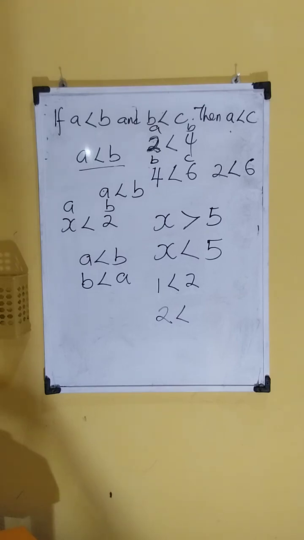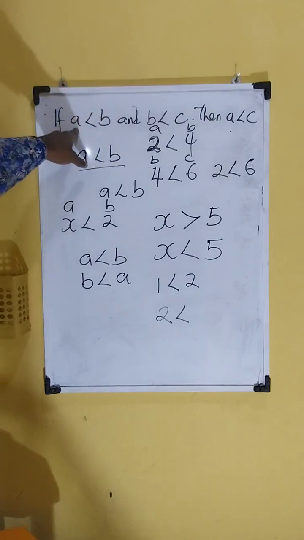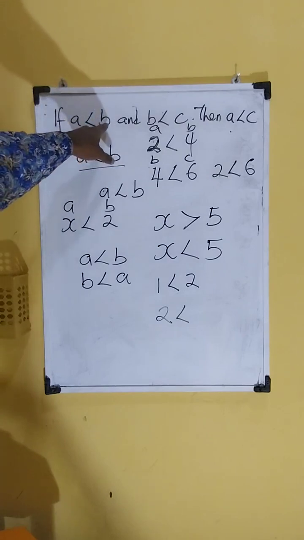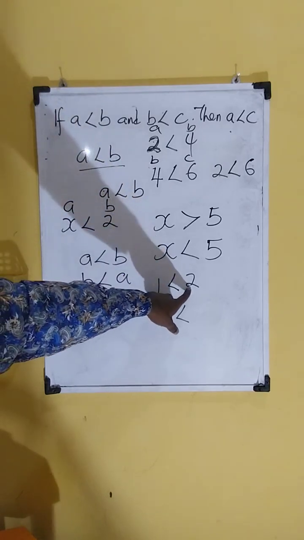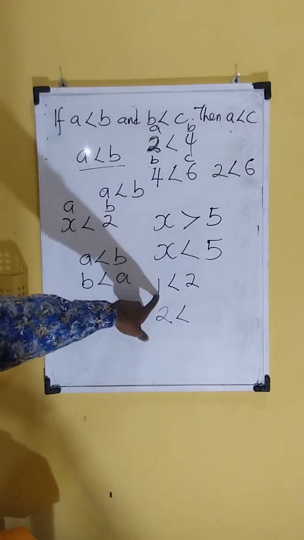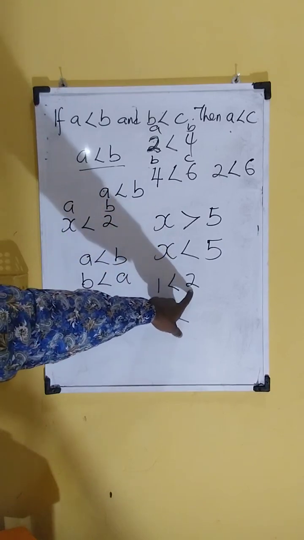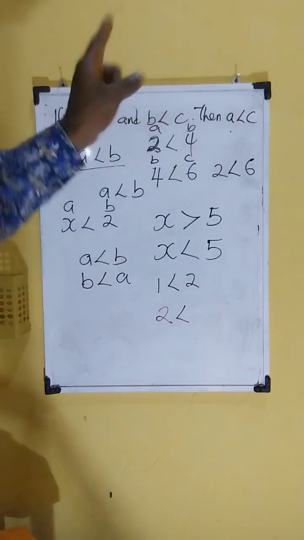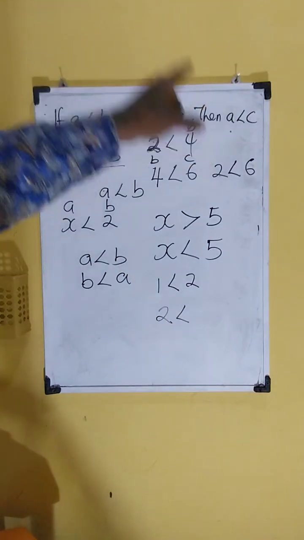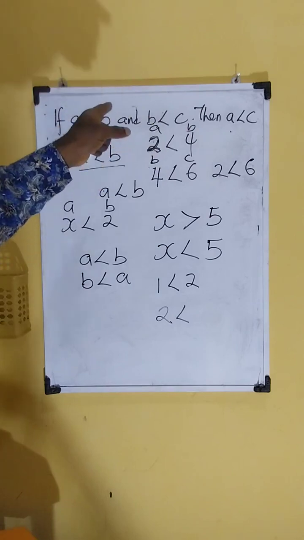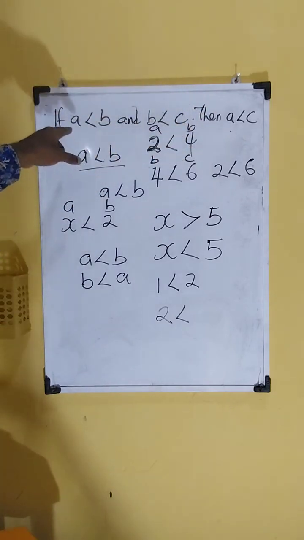So if you are saying 2 is less than 1, that is not correct. It is 1 that is less than 2. So the way you read it now, if you say B is less than A and C is less than B, that's not the correct language to use.